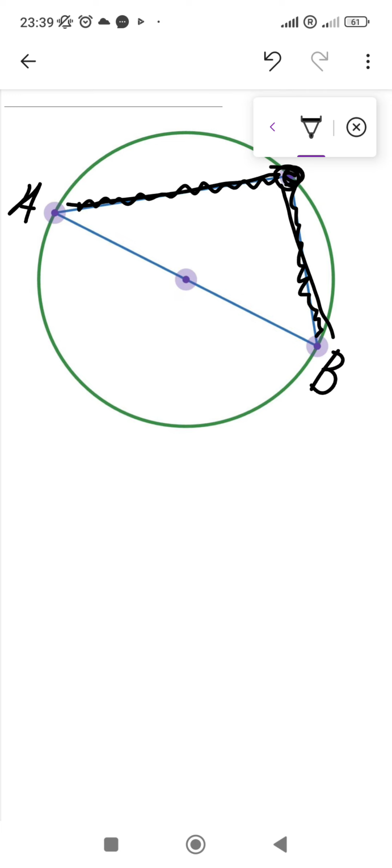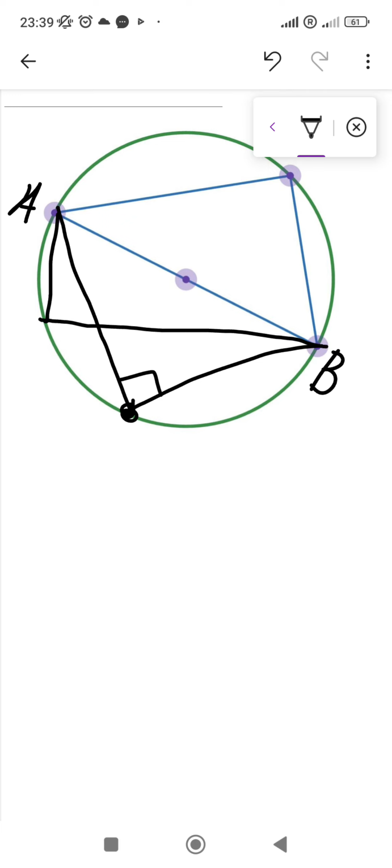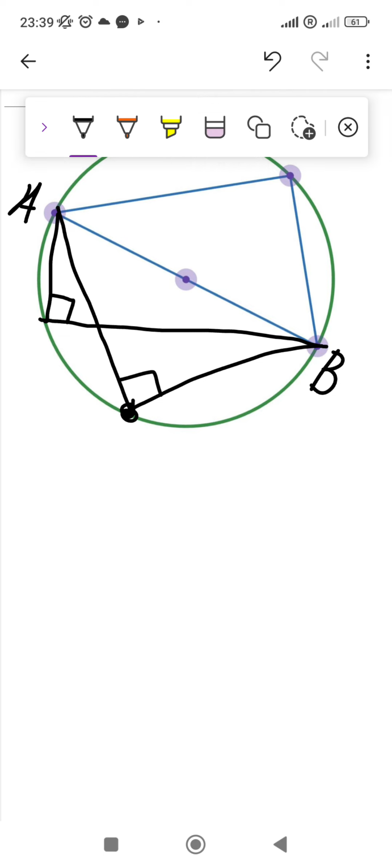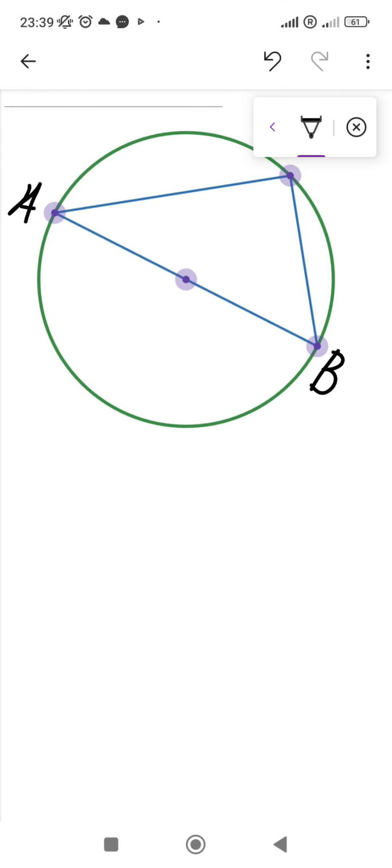So wherever point A and point B subtend towards, because A and B form a diameter, if A and B subtend towards a random point over here, this point is also going to be 90. Or if A and B together go to this point over here, that point will also be 90. So wherever A and B subtend toward, it's going to form 90 degrees.